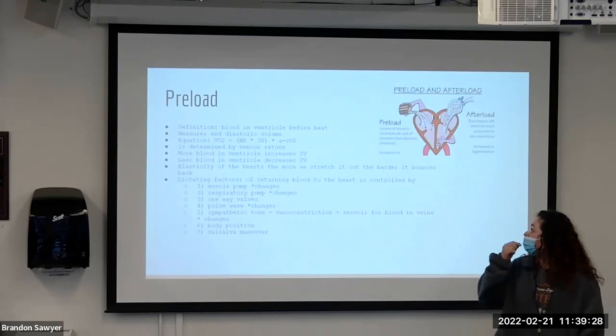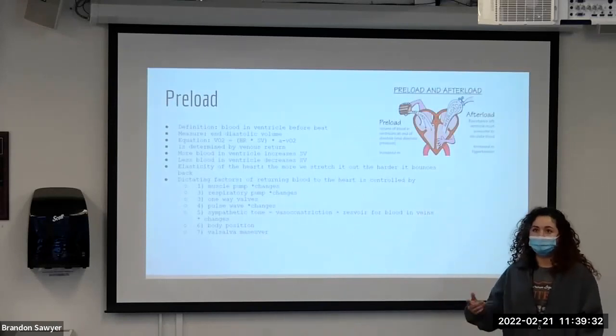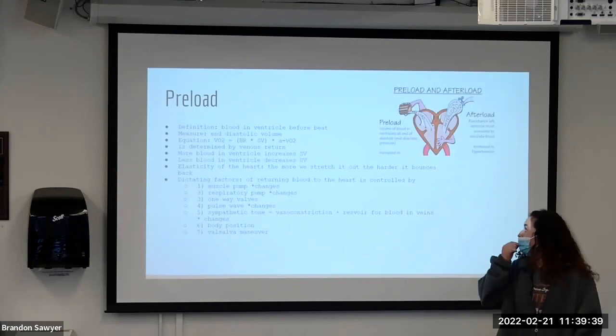More blood in the ventricle means an increase in stroke volume, since stroke volume is end-diastolic volume minus end-systolic volume. And less blood in the ventricle means a decrease in stroke volume.